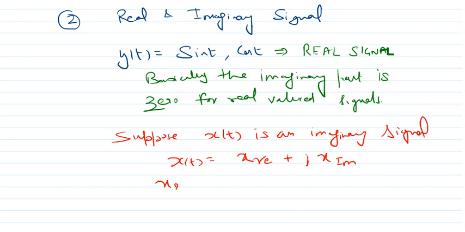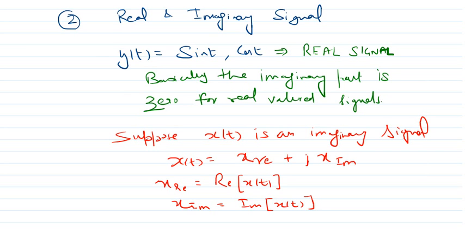What is x_re? It is basically the real part of x(t). And what is x_im? It is nothing but the imaginary part of x(t).